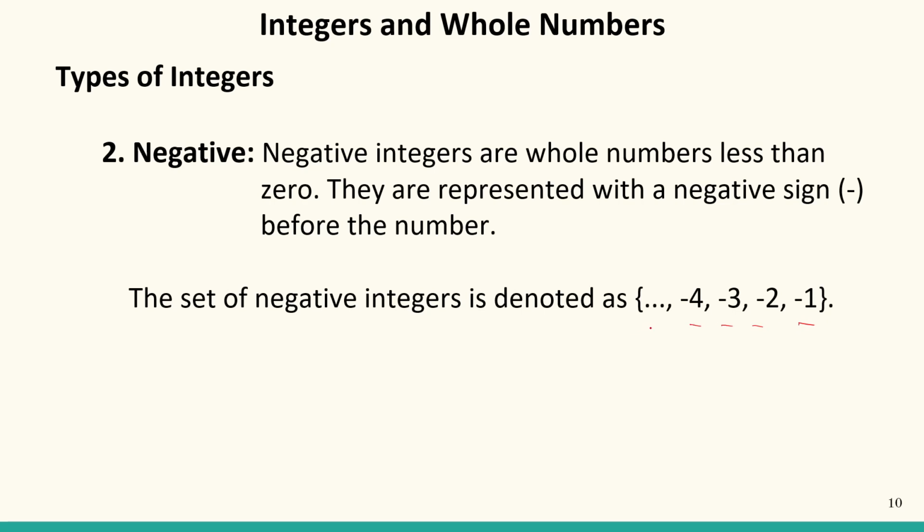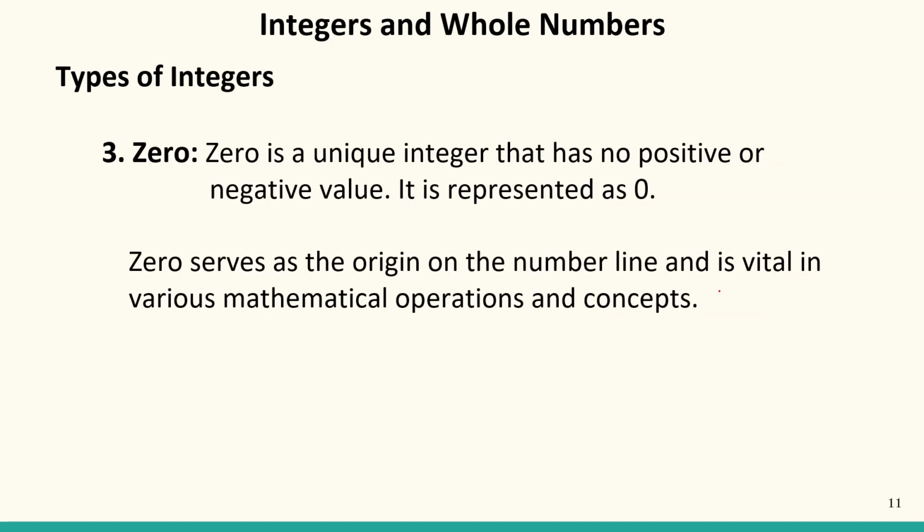These are the whole numbers that are less than 0. To showcase the negative counterpart, we have used the negative sign. And 0 is a unique integer that has neither a positive value nor a negative value. So it is represented as 0.